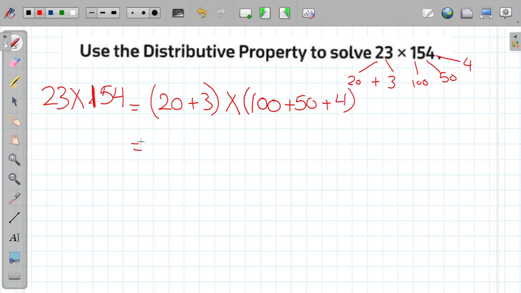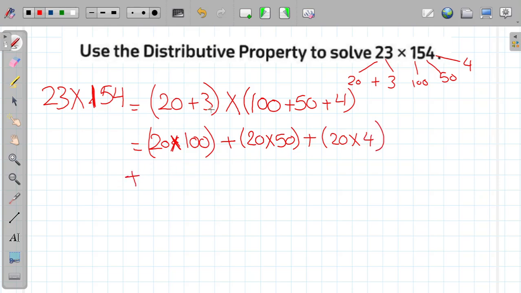Okay, next I will multiply 20 by all of these numbers. So I will write 20 times 100 plus 20 times 50. Next, I have 20 times 4.